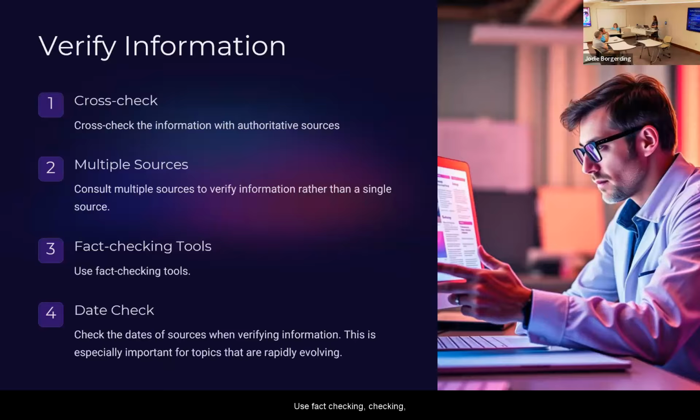Use fact-checking tools. Websites like Snopes, factcheck.org, and PolitiFact can help you identify misinformation and inaccuracies. Also check the dates of the sources when verifying information from generative AI to ensure that it is up to date. This is especially important for topics that are rapidly evolving and changing.